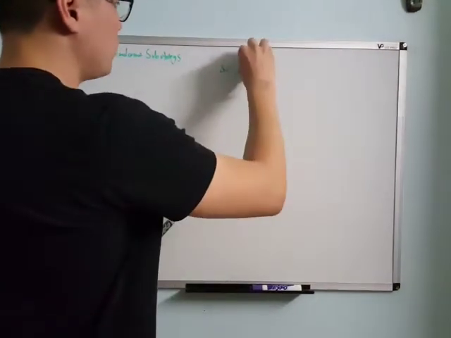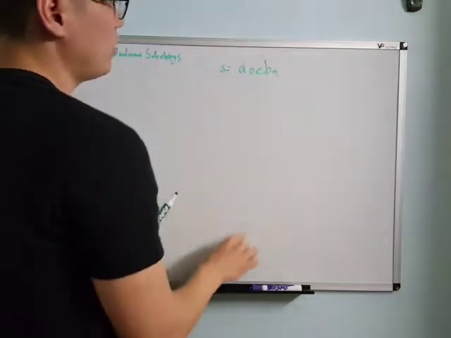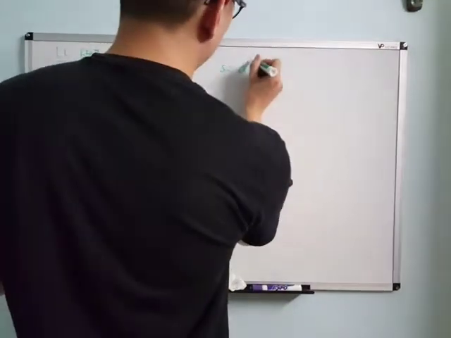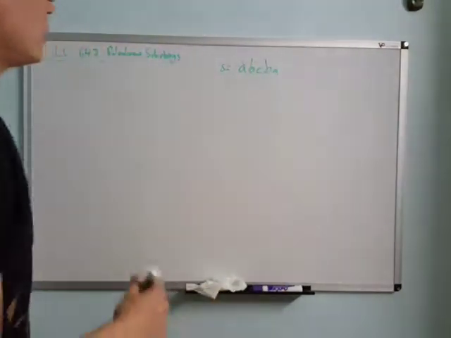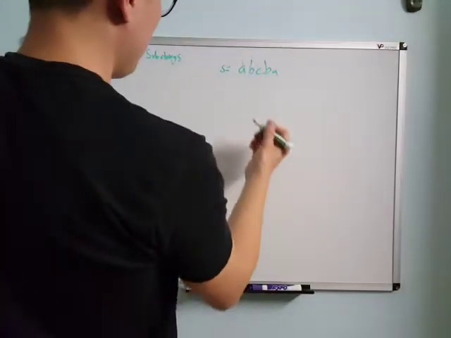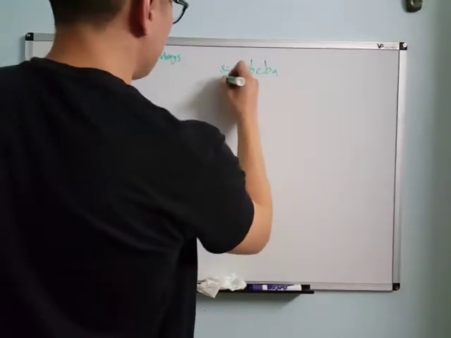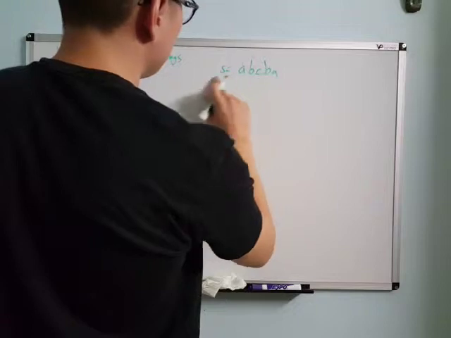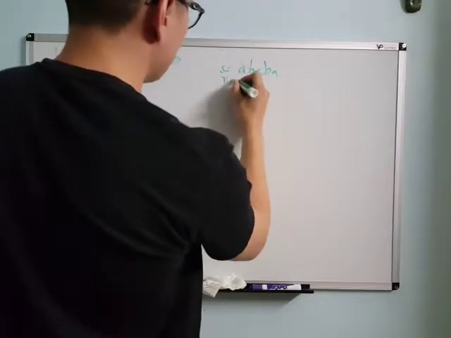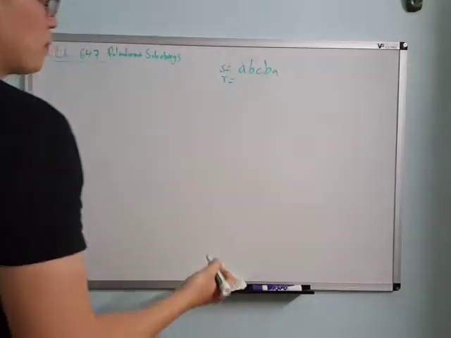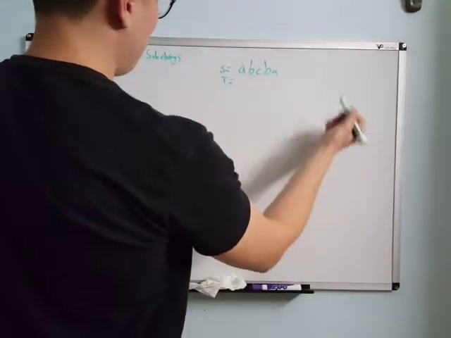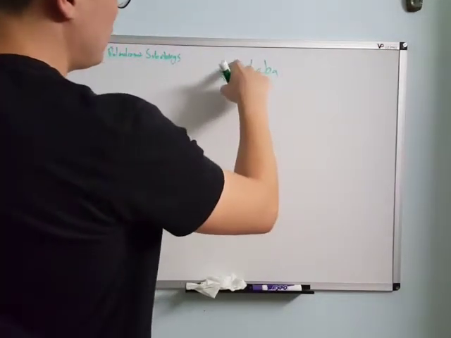A simple way to do that is to add a character in between everything and denote a start and end index. So let's say T is equal to, what you're trying to do here is add a start.